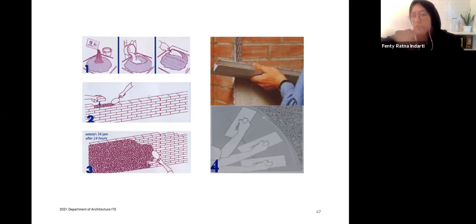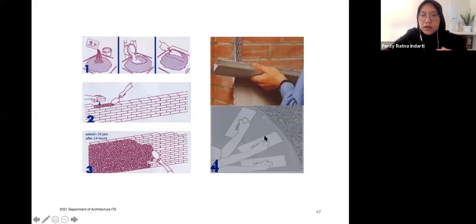After you put that on, because the aci is very smooth, you can add paint on top of it, or you can give glue and then also wallpaper on it. So it depends on what you want to express in the walls, either inside or outside.